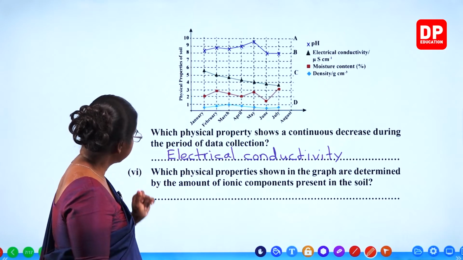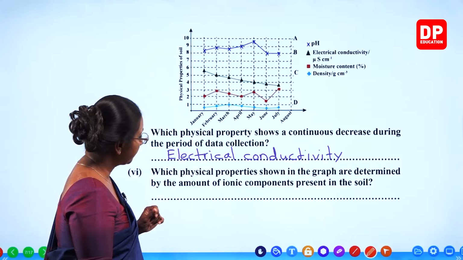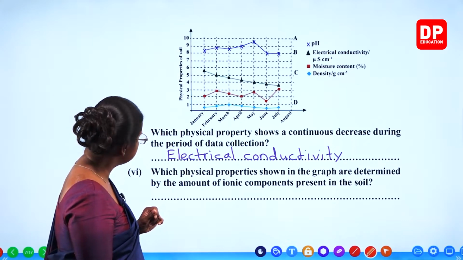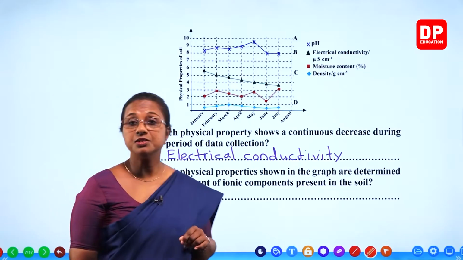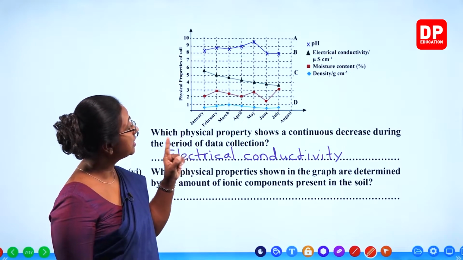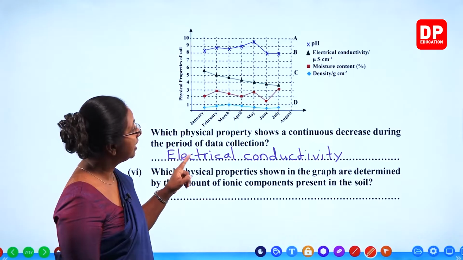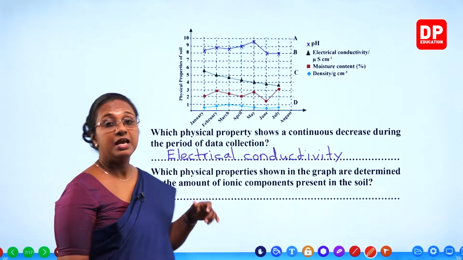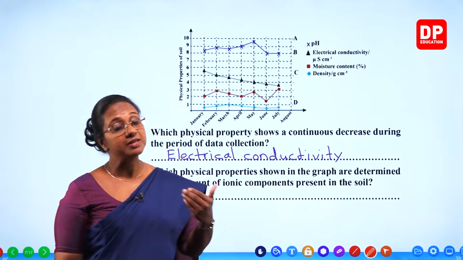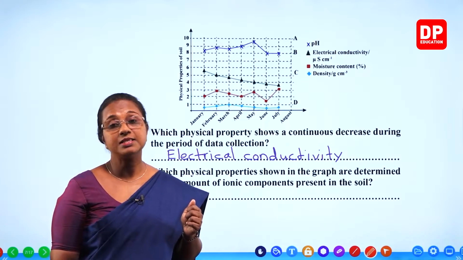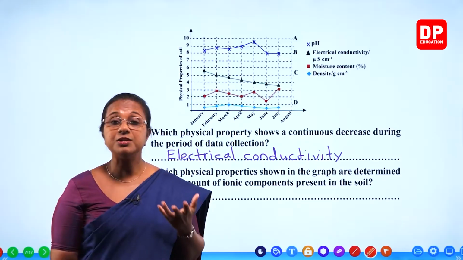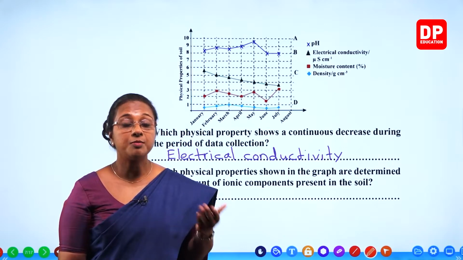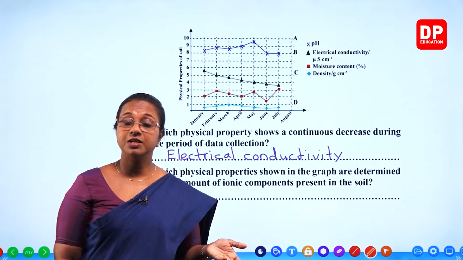Then, sixth one. Which physical properties shown in the graph are determined by the amount of ionic components present in the soil? Now you can see pH, electrical conductivity, moisture content, density. Now pH depends on H plus and OH minus ions. Whereas electrical conductivity, it depends on free ions. If there are more free ions, electrical conductivity is more.